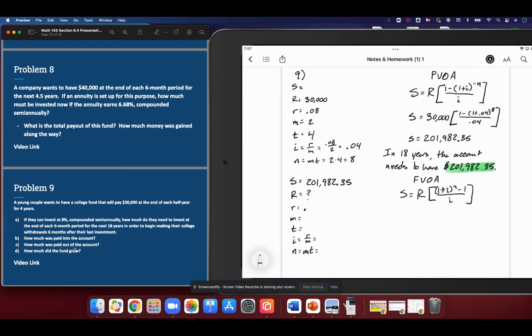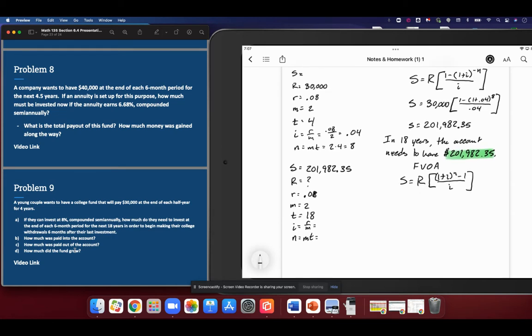Our rate is exactly as it was, 0.08. M is going to be 2 times a year. And T, this time we get to invest for 18 years to try and reach that goal. So R over M, we already had it. It's 0.04. And N is MT, so 2 times 18 in this case is going to be 36.